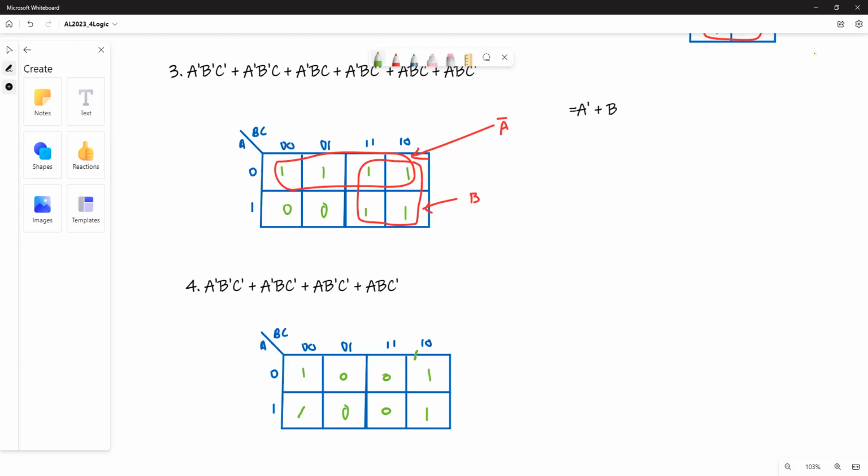Okay, I will take red color. So we can take these 4 separately, like this.